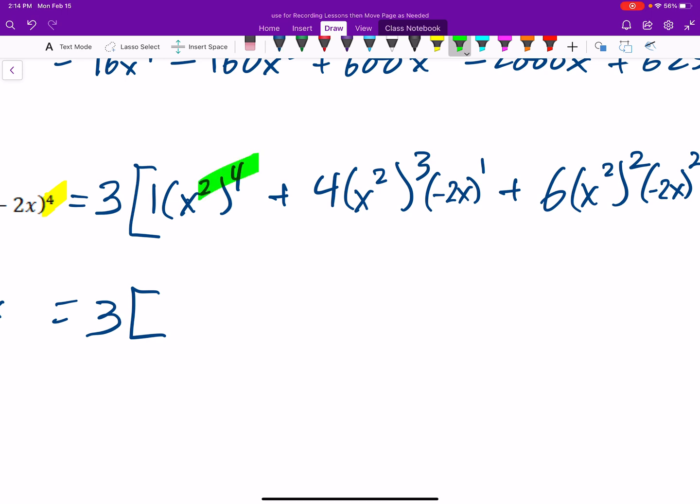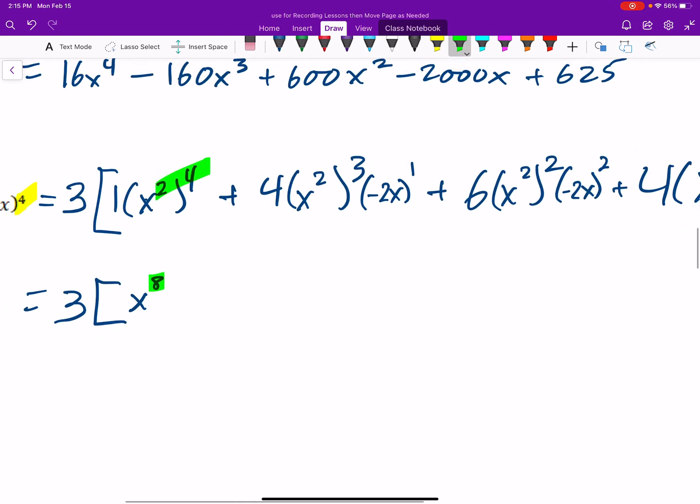Exponent laws, power of a power, multiply the exponents, that just becomes x to the 8. Again, power of a power. So I'm going to do this in a couple steps again. So I got 4. This is going to become x to the 6. But I also have this negative 2x going on here.